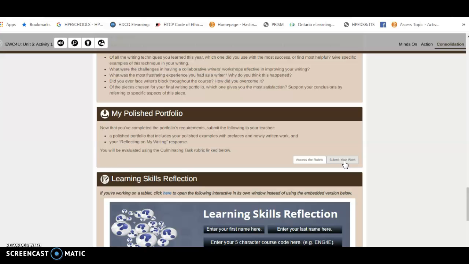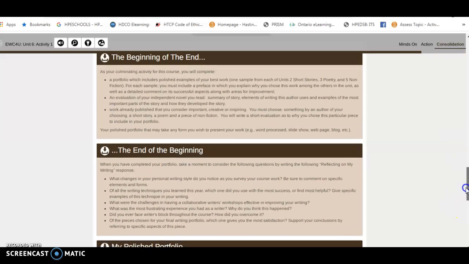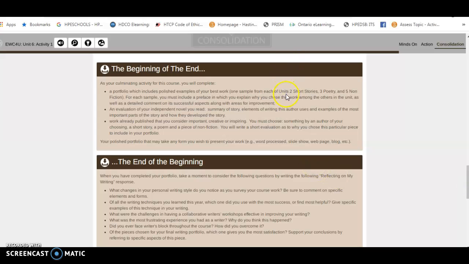So if you have finished Unit 1, Activity 6, while I'm working on getting feedback back to you, as well as a grade for those particular pieces, you could be looking through Unit 1 for pieces that you enjoyed or that you thought demonstrated your best work, and start to work on why you've included them.